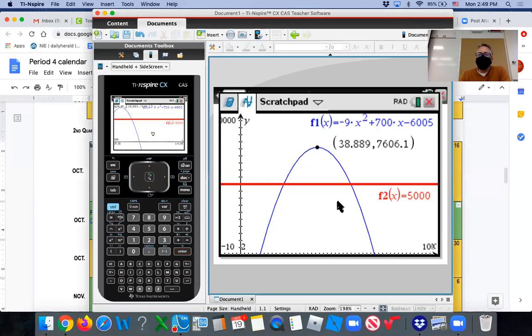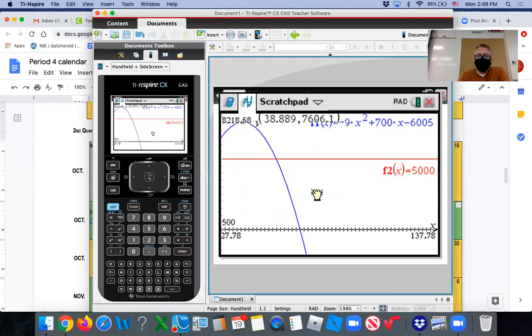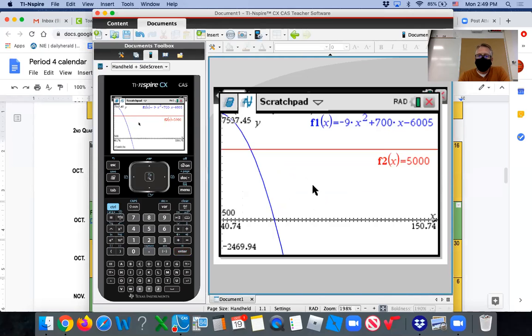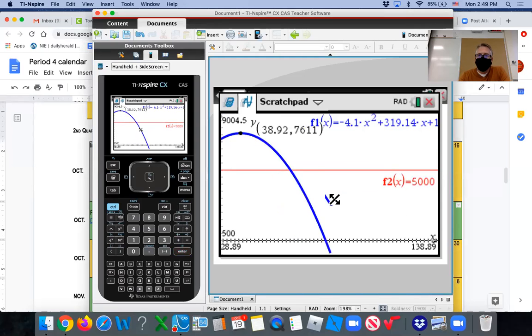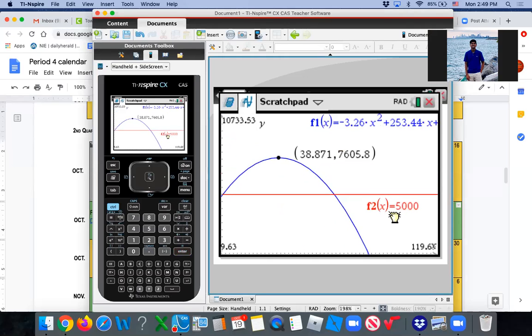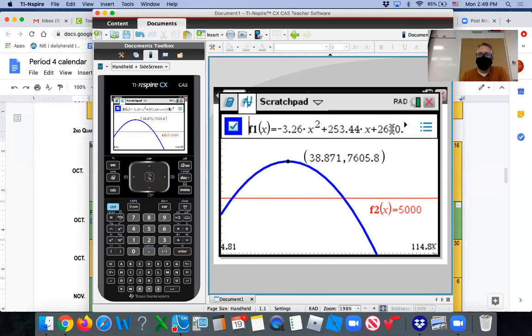So if I want to know how many widgets do I have to produce to make 5,000, oops. Now I messed up my screen. Oh, now I messed up my function. Sorry, guys, give me just a moment. I need to retype my function.